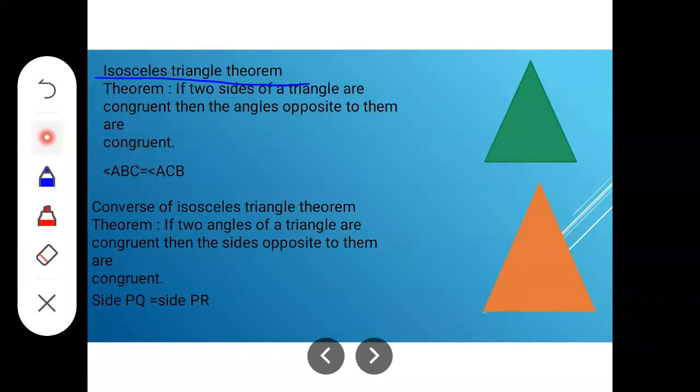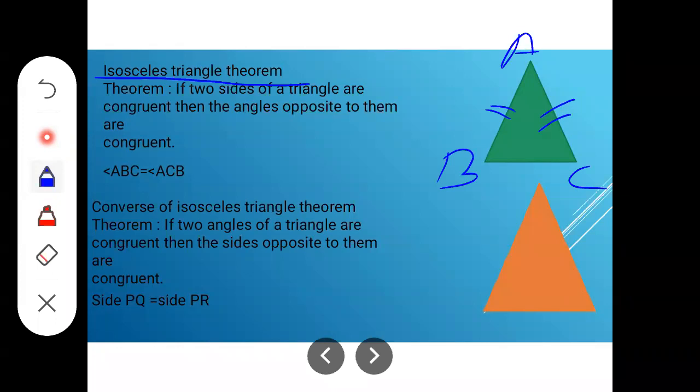Here in the diagram, the given triangle is an isosceles triangle. Now what is the property of an isosceles triangle? Any two sides of this type of triangle are congruent. If I label the triangle ABC, as it is isosceles, these two sides are congruent to each other, side AB and side AC.